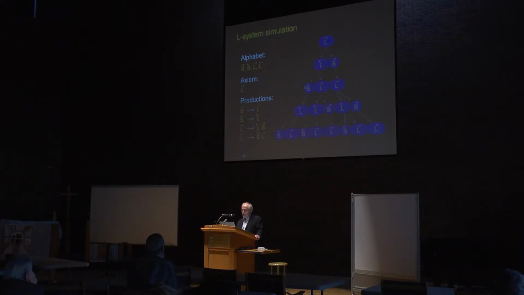So then we can see how we can use this formalism to simulate development. In this case, starting from the long cell with polarity to the right, according to this rule we are going to have long and short, and then we apply 2 productions simultaneously.